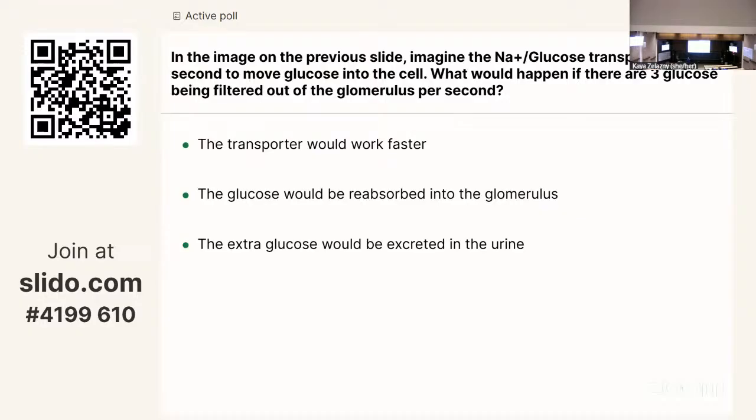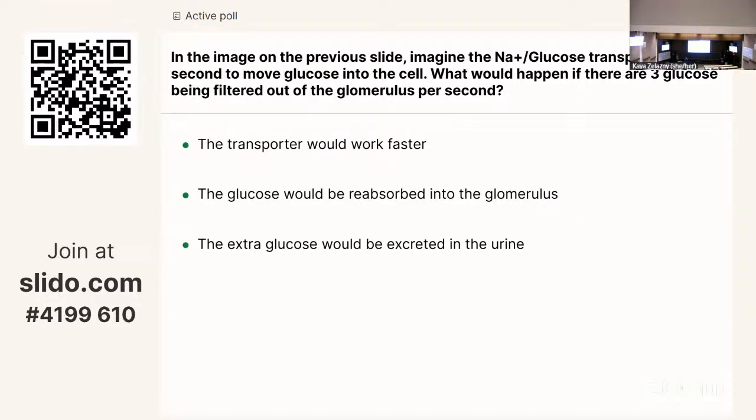Now imagine that earlier on in the nephron, where we have that glomerulus coming into contact with Bowman's capsule, we have 3 glucose coming out of the glomerulus into Bowman's capsule and heading down to the proximal tubule every second.